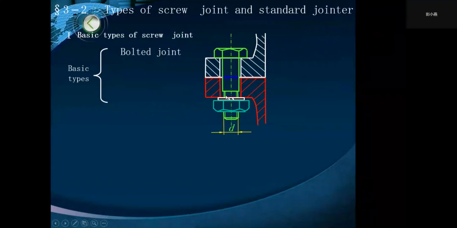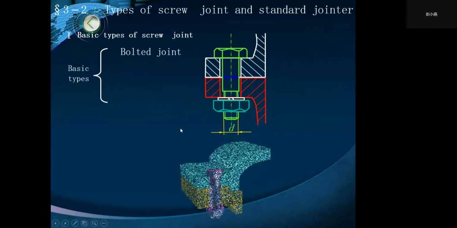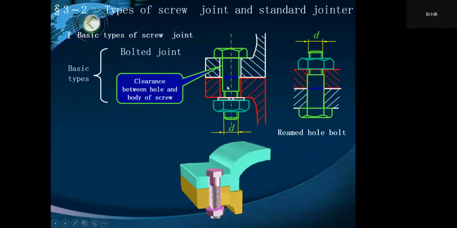This is bolted joint. It includes ordinary bolted joint and precision bolted joint. For the ordinary bolted joint, it has a clearance between the hole and the body of screw. There is a clearance.